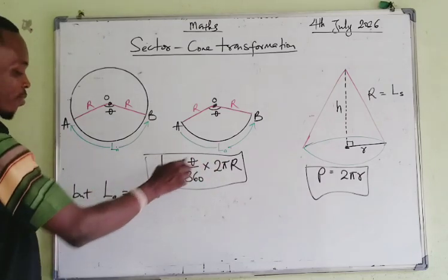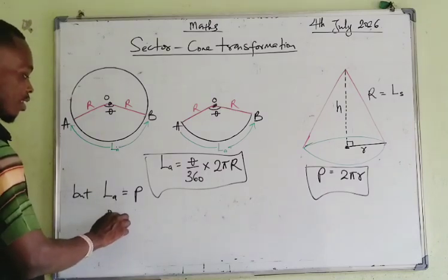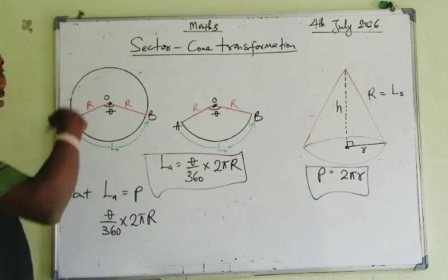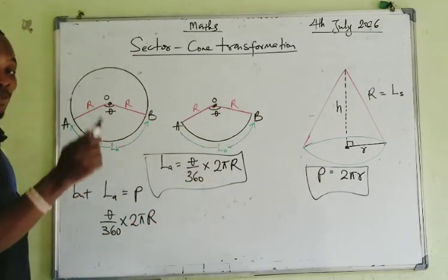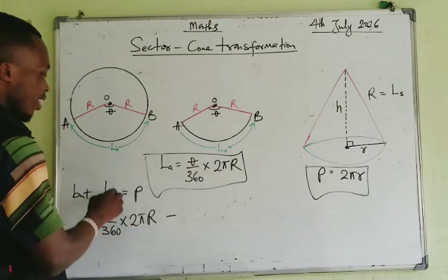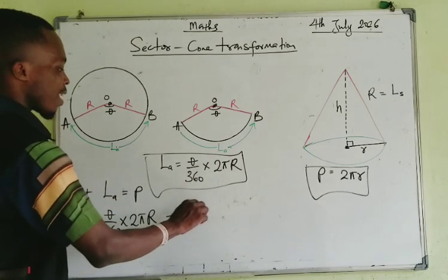The length of arc means theta over 360 times 2 pi R. The length of the arc now becomes the perimeter of the circular base, which is 2 pi r.